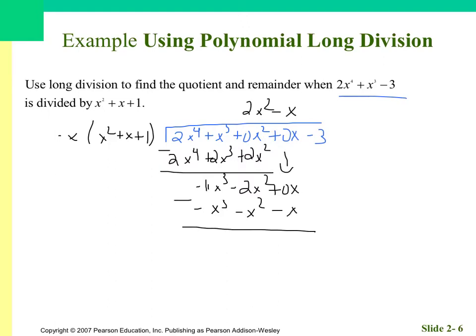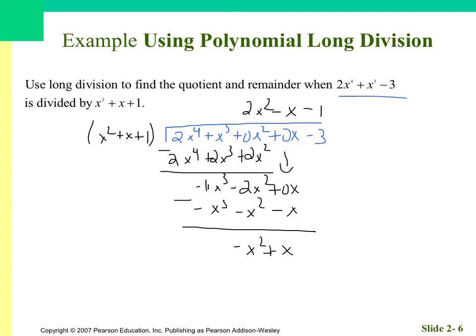Subtract. Negative 1 minus negative 1, 0. Negative 2 minus negative 1, negative 1. 0 minus negative x, x. So you go back up. What do you have to multiply x squared by to have it equal negative x squared? Negative 1. Once you get to the constant, whatever's left over is your remainder.